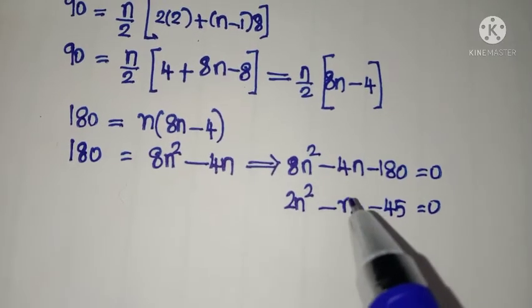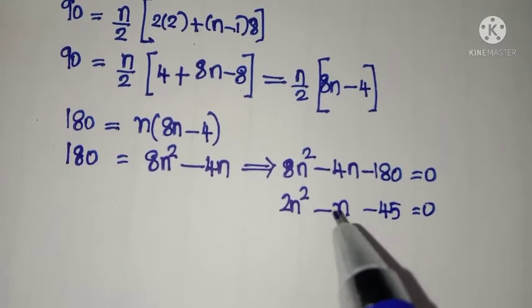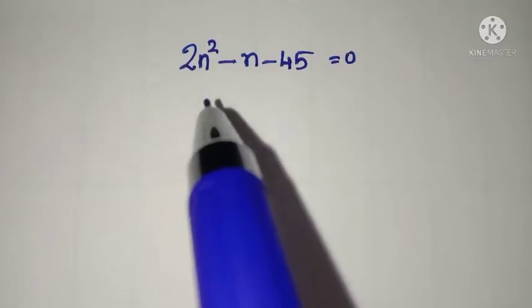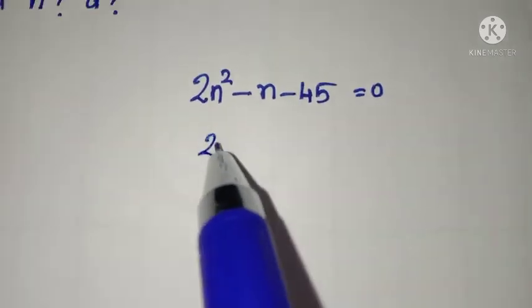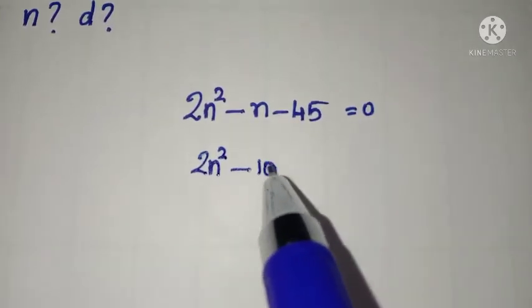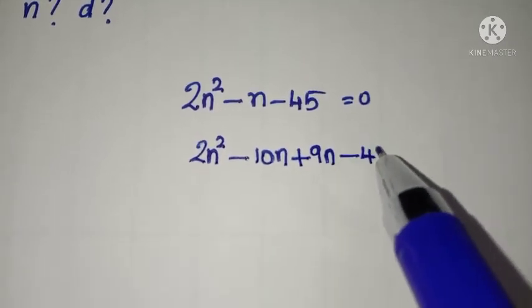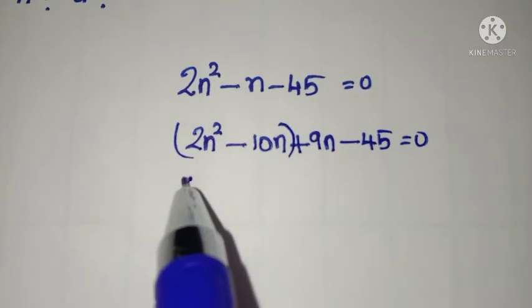Now solve the equation either by factorization method, or by middle term splitting method, or by quadratic formula. Here I am using the middle term splitting method. So the middle term can be written as minus 10n plus 9n. Okay. Now associate these two terms and take the common factor.